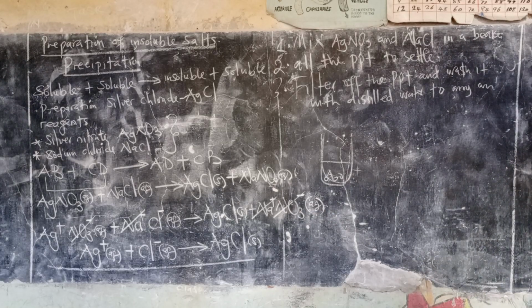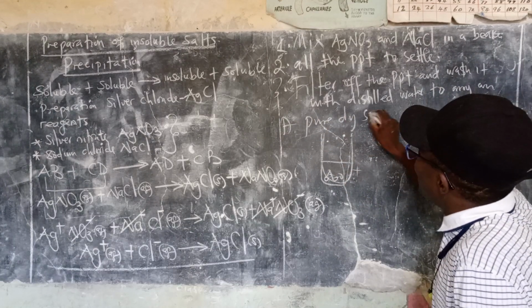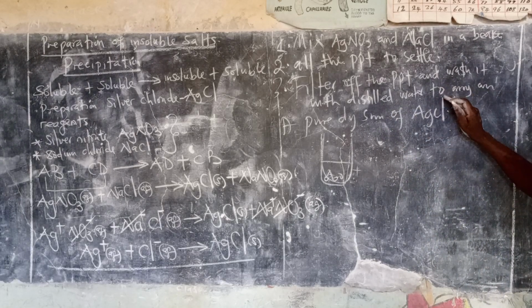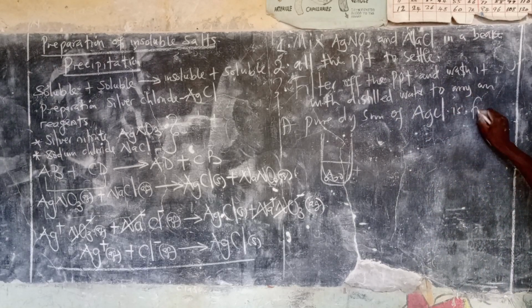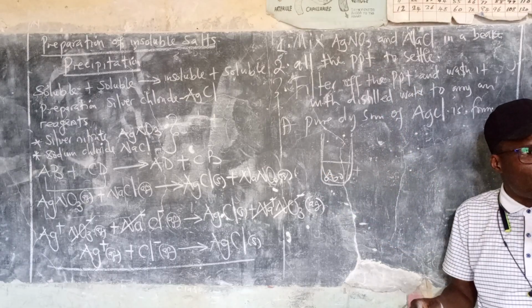We're removing sodium nitrate from there. So that's why we're washing it. Then a pure dry sample of silver chloride is formed. Those are the 4 steps that you're supposed to mention when the exam asks you to explain how pure dry samples of silver chloride can be formed.